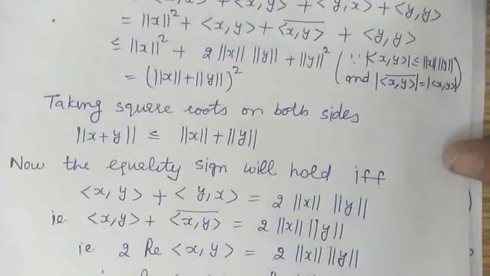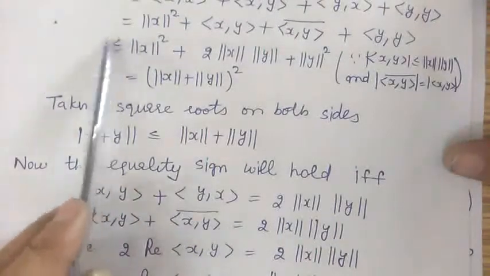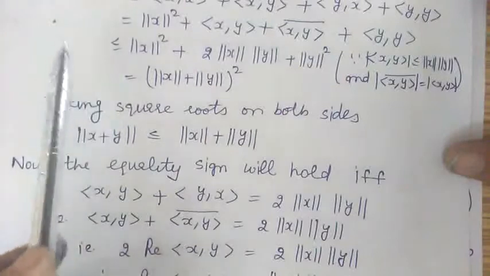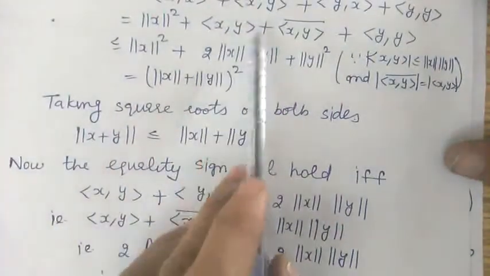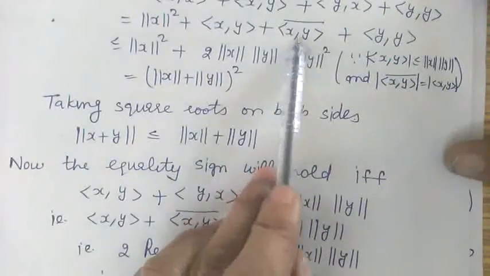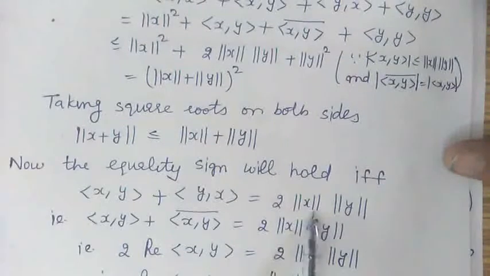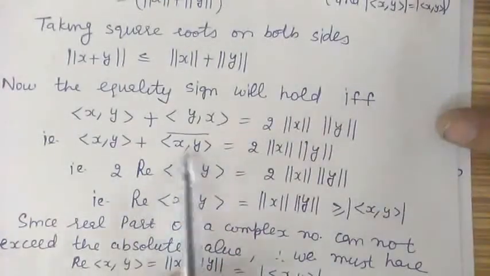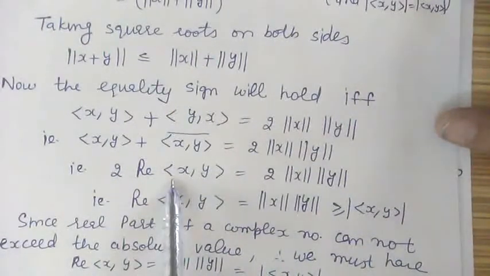Now we'll discuss the case in which the equality sign holds. We can see from here that the equality sign holds if and only if the inner product of x with y plus the inner product of x with y conjugate is equal to 2 times ||x|| ||y||. Now z plus z conjugate is 2 times the real part of the complex number z.